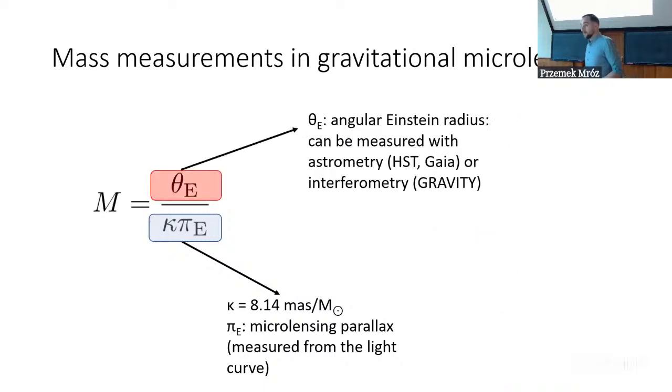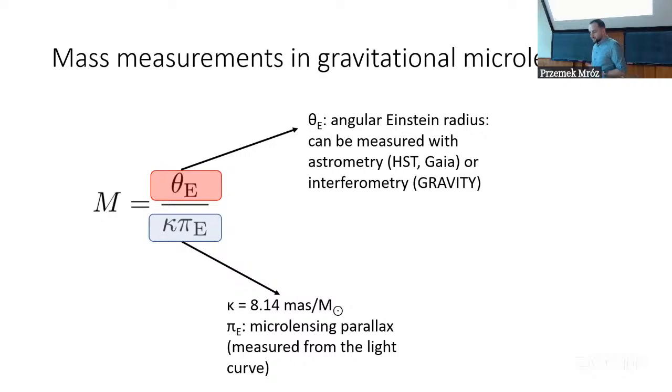But the problem is Einstein radius measurements, which are extremely difficult if you are using only photometric data. And this is why we had only one black hole among 24,000 microlensing events discovered by OGLE in the past decades.